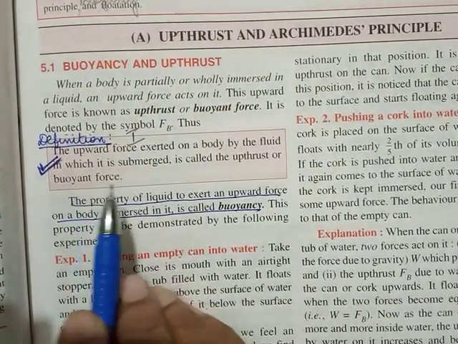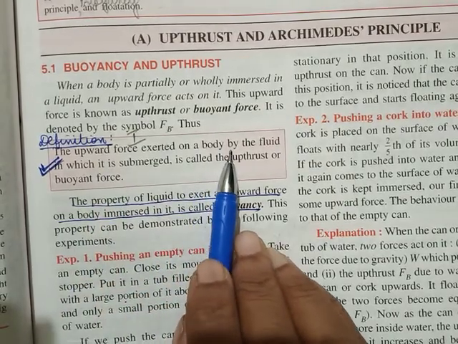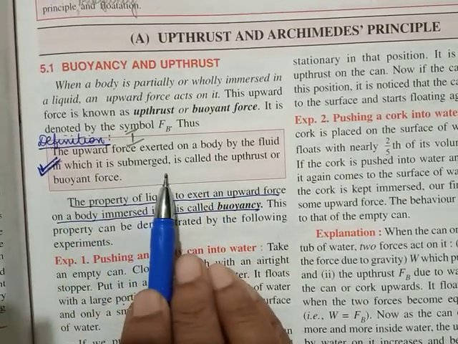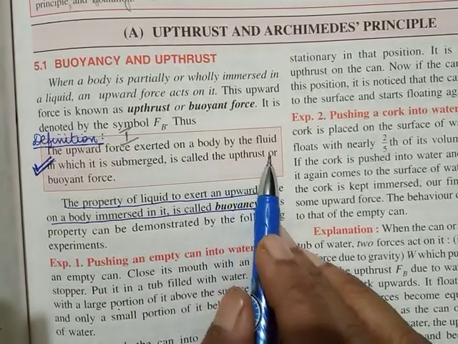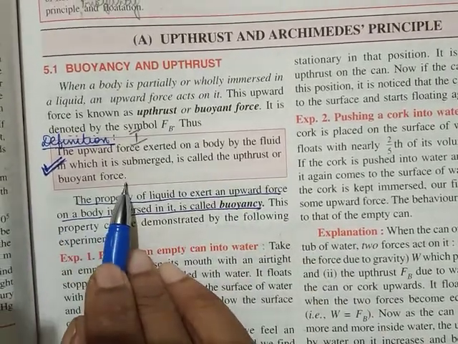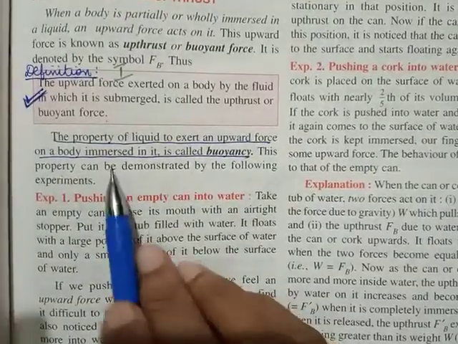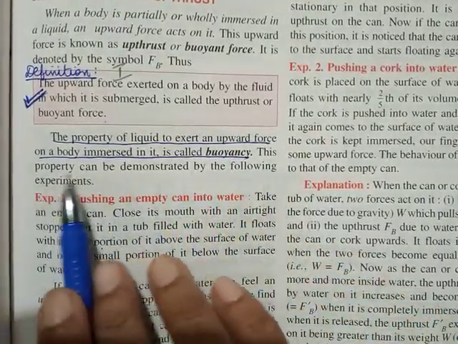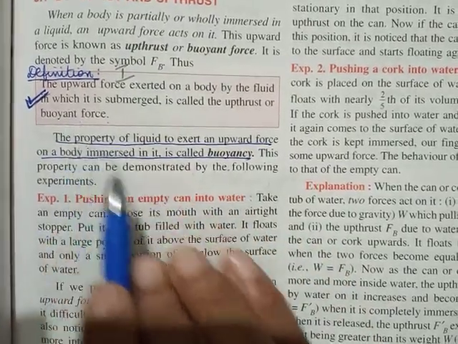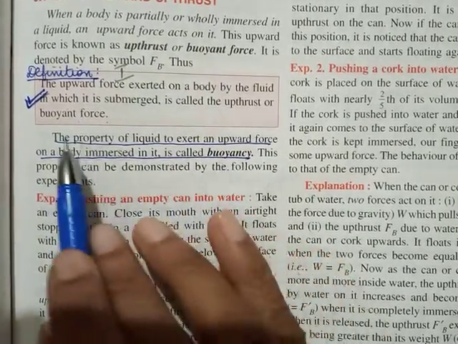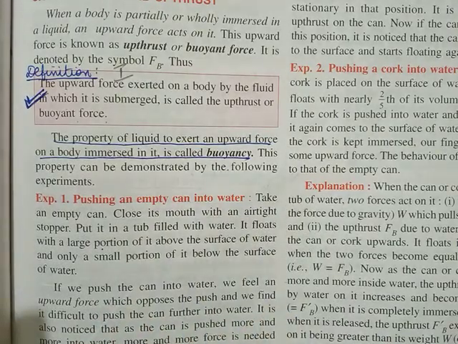So that's the definition. Upward force exerted on a body by the fluid in which it is submerged is called the upthrust or buoyant force. The other name for upthrust is buoyant force. The property of liquid to exert an upward force on a body is called buoyancy. That force is buoyant force and the phenomenon is called buoyancy.